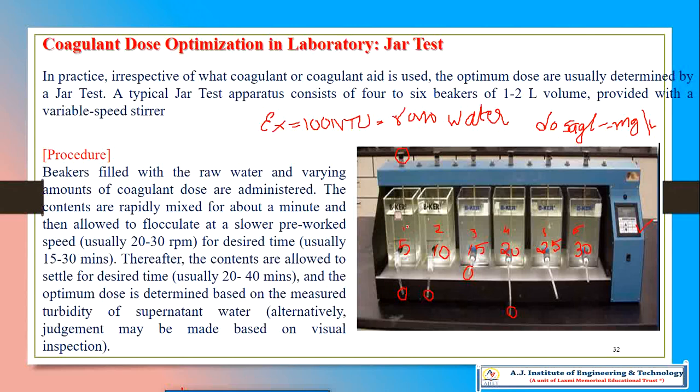For example, I am taking 1 liter here, so 5, 10, 15, 20, 25, 30. So now I am adding that dosage. For example, my raw water turbidity in all the beakers is 100 NTU.